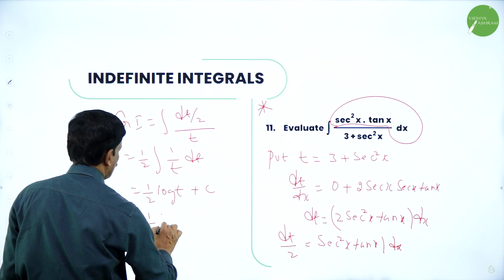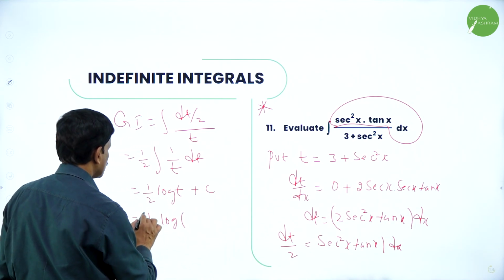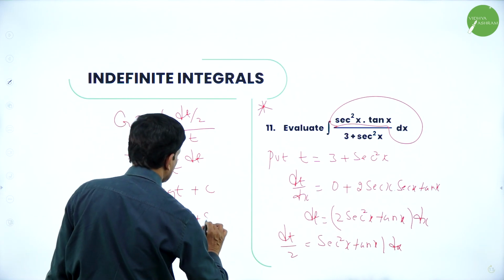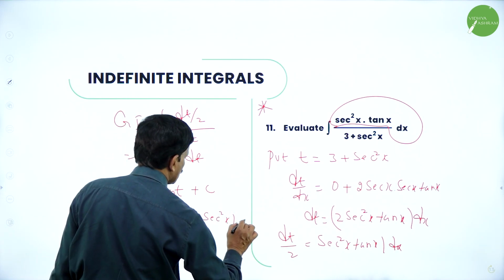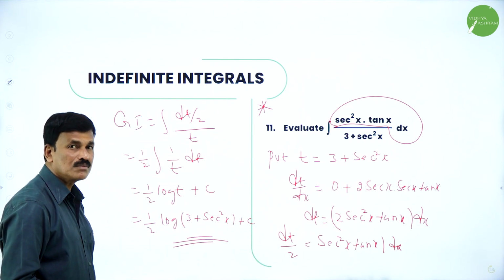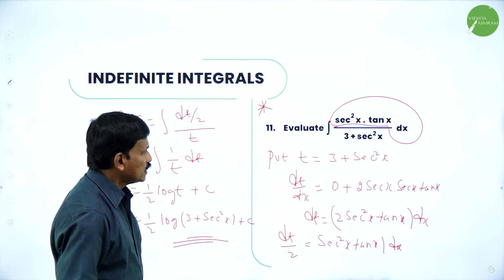Now, just substitute the value of t. What is t you have taken? t is equal to 3 plus secant square x. So, 1 over 2 log of 3 plus secant square x plus c is the integrated answer. That is it. Very simple. This is also of the form f dash x by f of x.